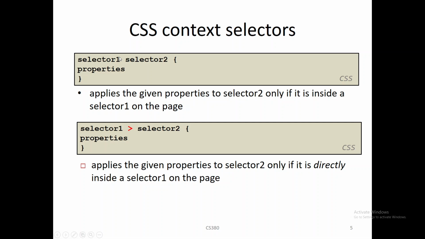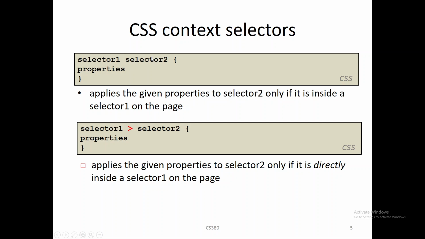So we can impose context selectors as well. The context selectors are the selectors which impose certain structural constraints onto the elements that we want to select. So we can create one single selector out of 2 selectors, let's say. This is one big single selector, and it selects an element.